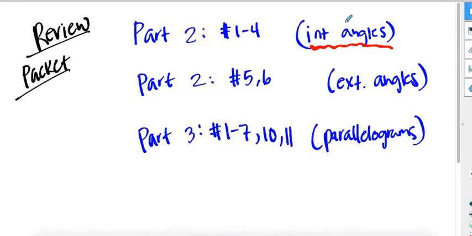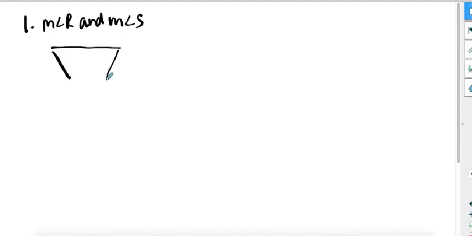Okay. All right. So I'm going to do 2 problems here. For this first one, you are going to find the measure of angle R and the measure of angle S, given this trapezoid here. It's an isosceles trapezoid. These two are equal. This is 54.